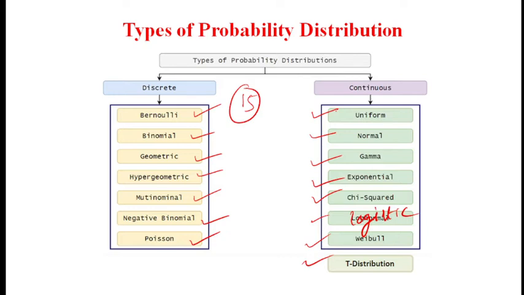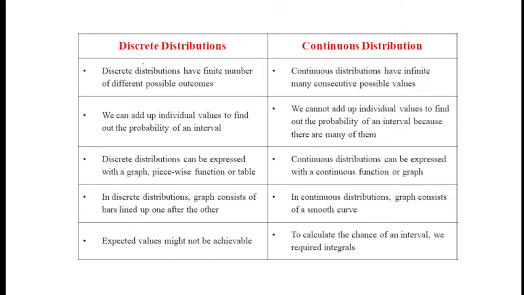Before we jump into the explanation of these distribution types, let me cover the common differences between discrete and continuous distributions. Under discrete distribution, we have finite numbers, whereas in continuous we can expect both finite as well as infinite.